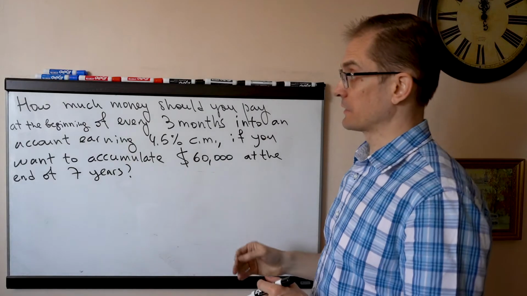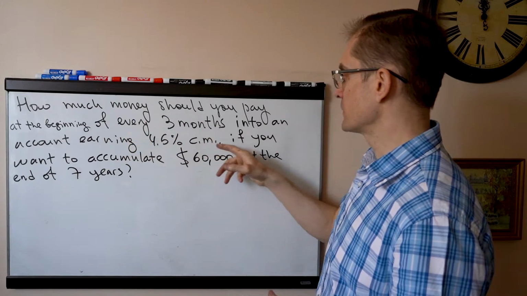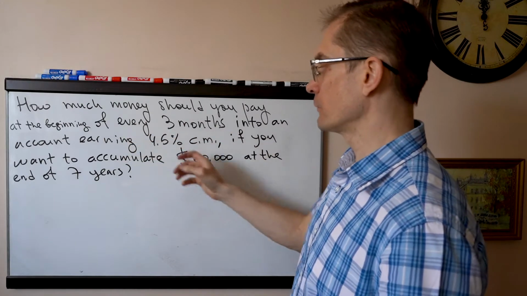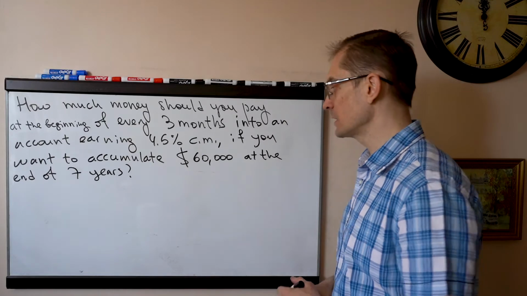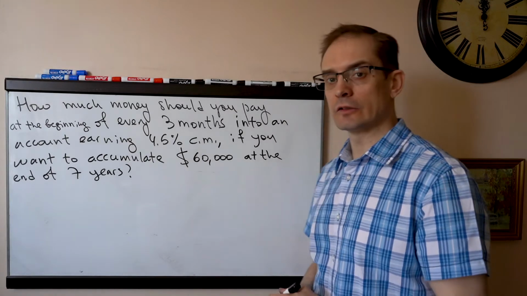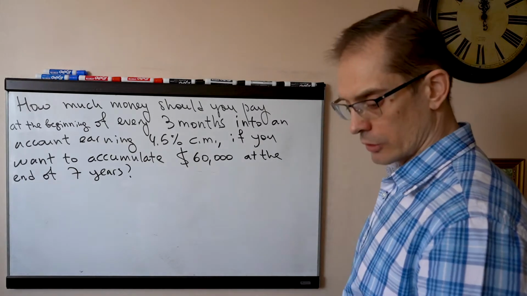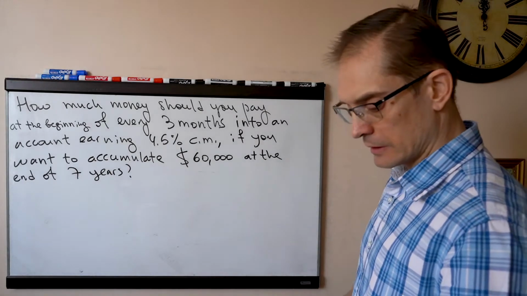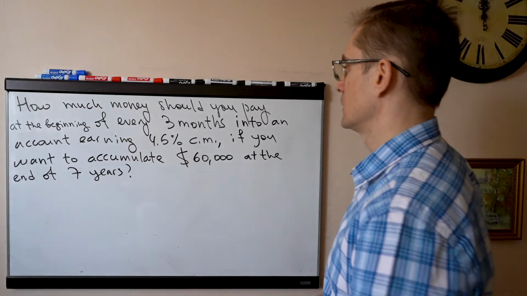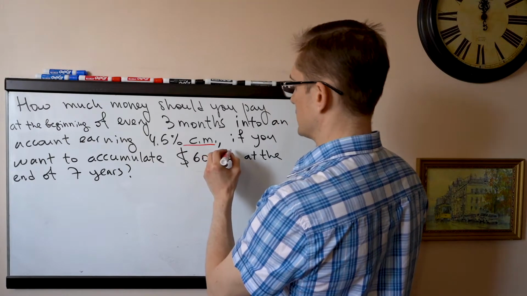So this problem asks, how much money should you pay at the beginning of every 3 months into an account earning 4.5% compounded monthly if you want to accumulate $60,000 at the end of 7 years? Okay, so this annuity is general, right?